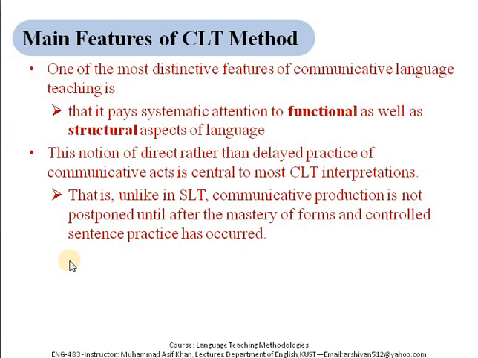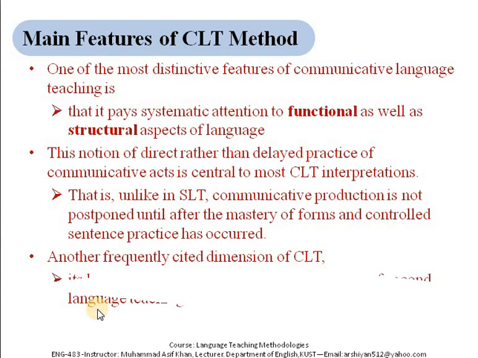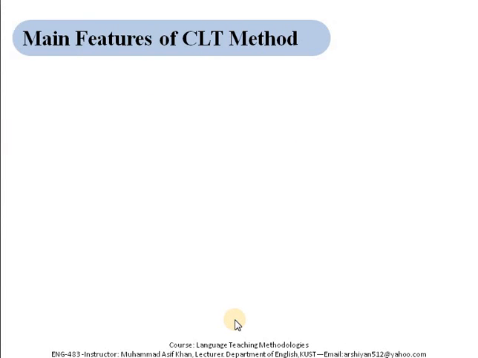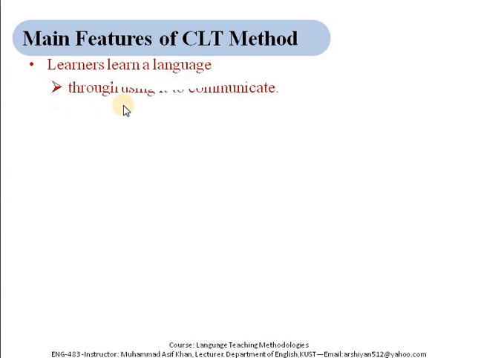Another frequently cited dimension of CLT is that this method is learner-centered, and it is based on experience, and this experience-based view of second language teaching is one of the most common features of CLT. Other features of the CLT method are that learners learn a language through using it to communicate.